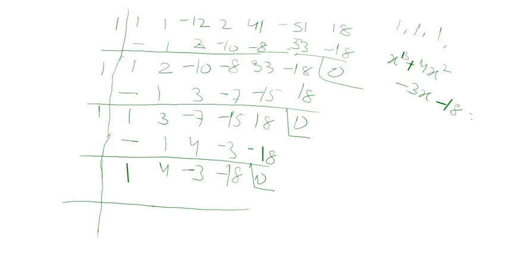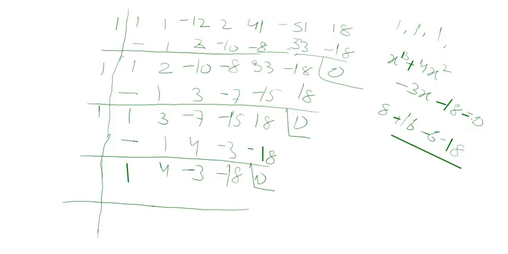So we are seeking other x values. If you look at x equals 2, you have 8 plus 16 minus 6 minus 18, so x equals 2 is a root.